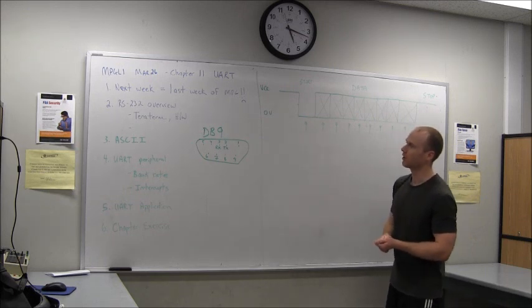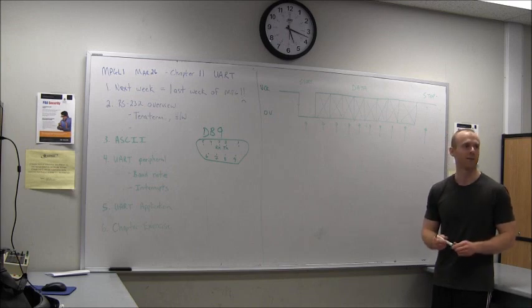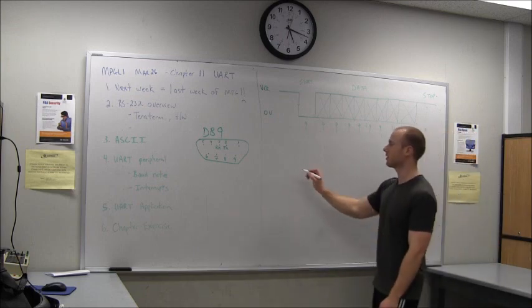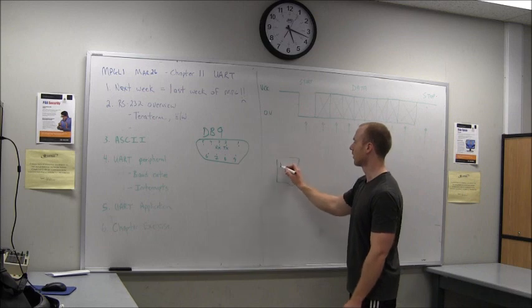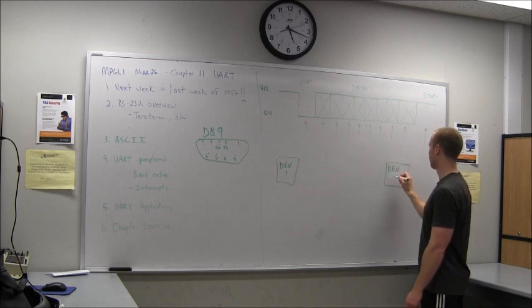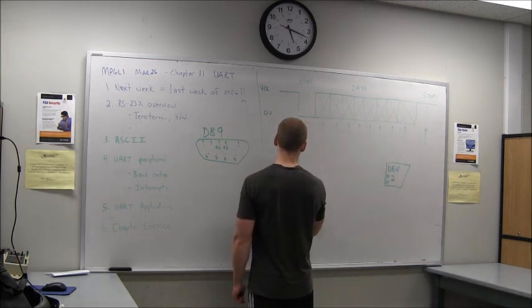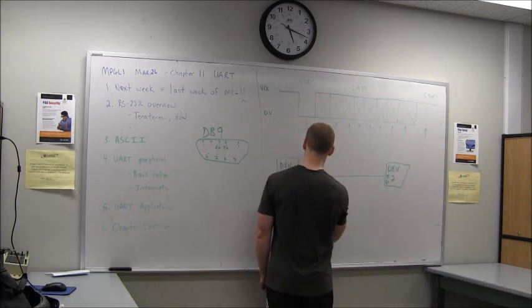The worst part about UART is that it is an asynchronous communication protocol, which means that device 1 over here, device 2 over here, they've got TX and RX. TX, RX, I'll just hook them up straight across.